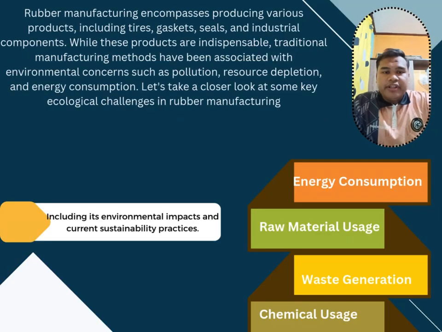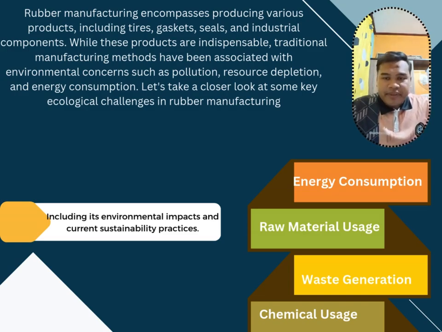Rubber manufacturing encompasses production of various products including tires, gaskets, seals, and industrial components. While these products are indispensable, traditional manufacturing methods have been associated with environmental concerns such as pollution, resource depletion, and energy consumption. Let's take a close look at some key ecological challenges in rubber manufacturing.